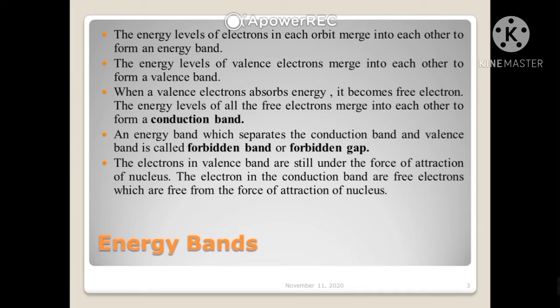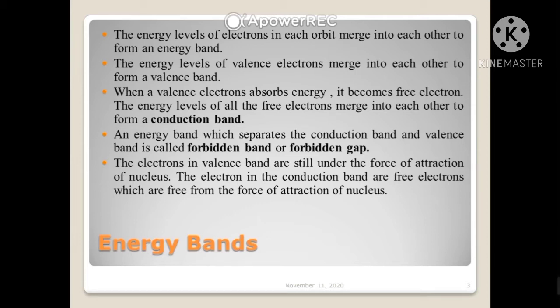When valence electrons absorb external energy like heat or light, they become free from the shell, so they are called free electrons. Why do they become free electrons? Because the electrons are loosely bound to the nucleus. I have already said that the last shell has the highest energy level.